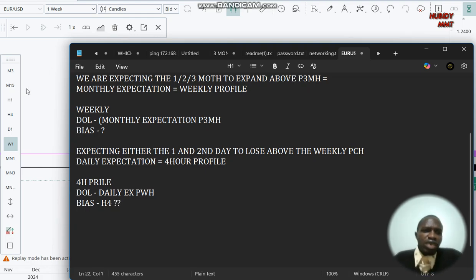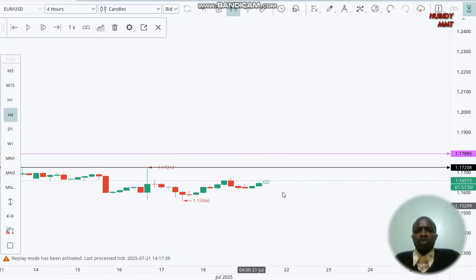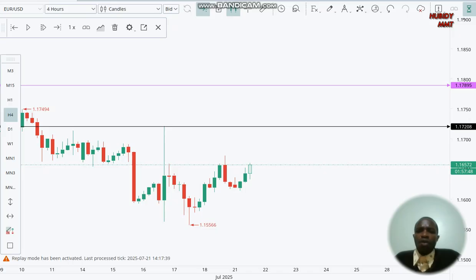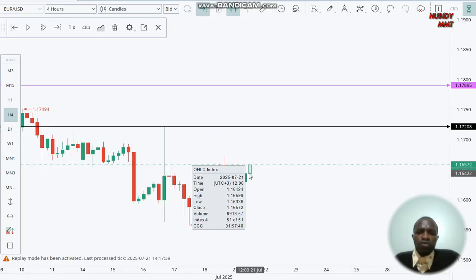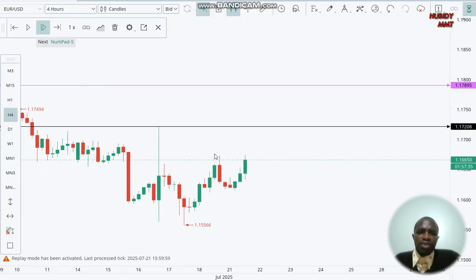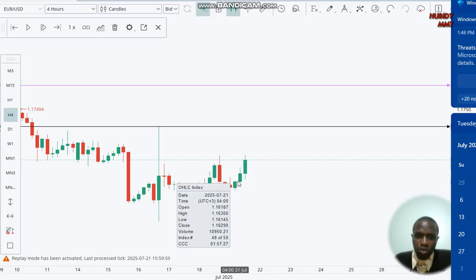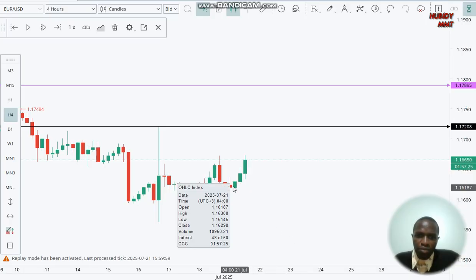So let's do that. Coming on Monday, we just switch to our H4 to find our bias. Our drawn liquidity is this black line which represents the previous weekly high. Then how do we start? We need 2 candles for it to give us a bias. Monday was the 21st, so let me make sure that I'm looking at the right one.